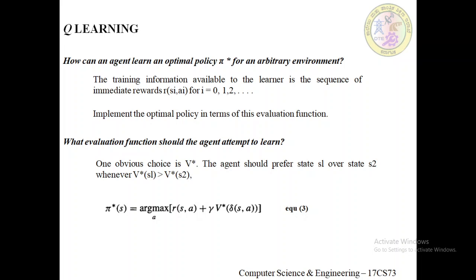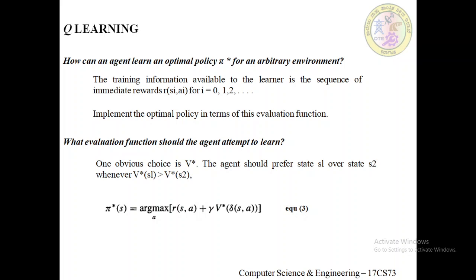It is actually difficult to learn the function pi star directly, because the available training data do not provide training examples of the form s comma a, that is, for a given state what is the action.